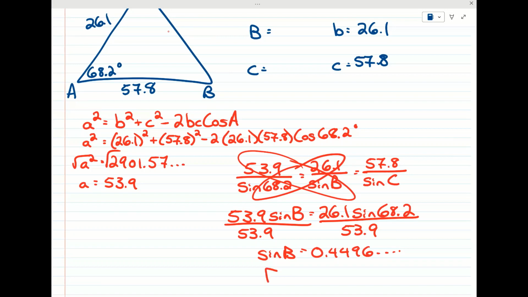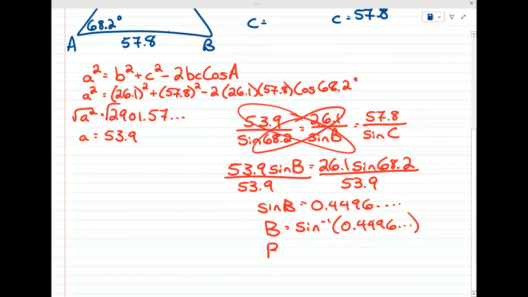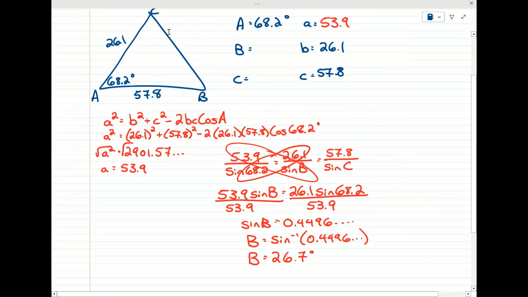So what you do on your calculator is you hit the inverse sine button. So second sine and then second negative takes the inverse sine of this answer, and we get 26.7 degrees.